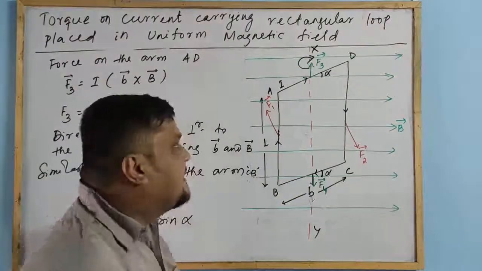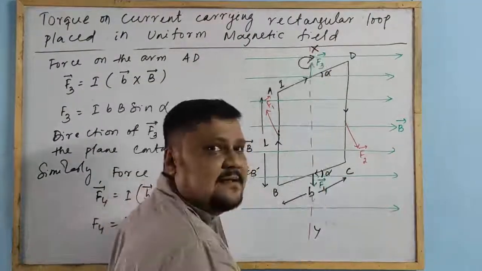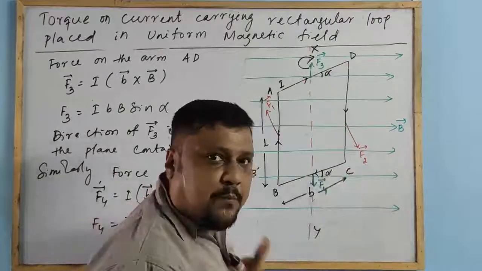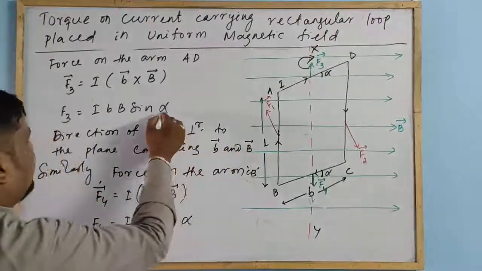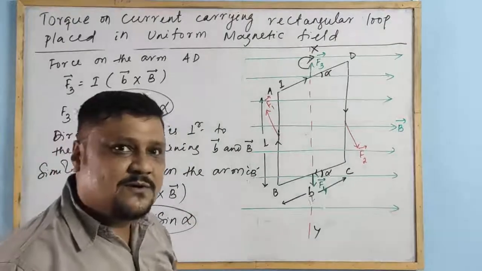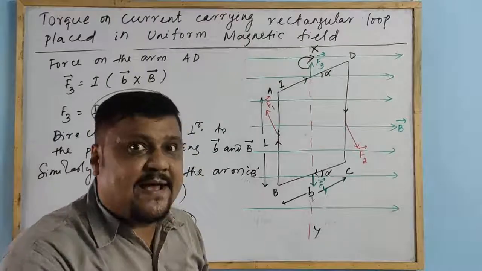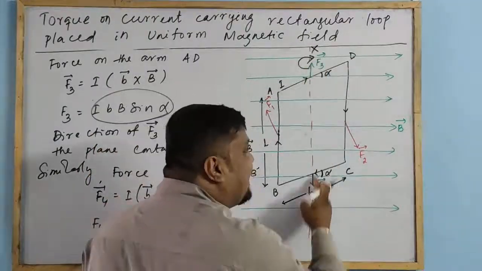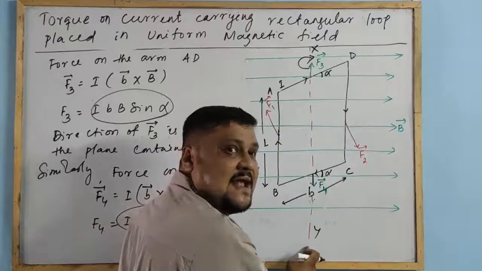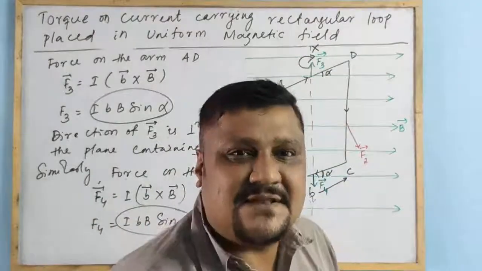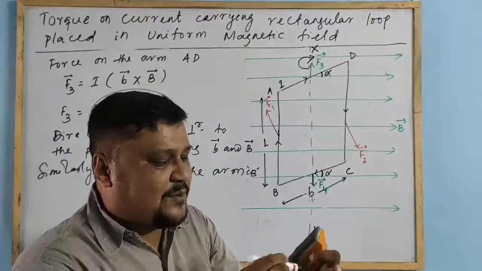Now you see here, this is the axis. On these two arms, AD and BC, the force is of equal magnitude and acts along the same line, along the axis. So they cancel each other. It is a very simple thing.